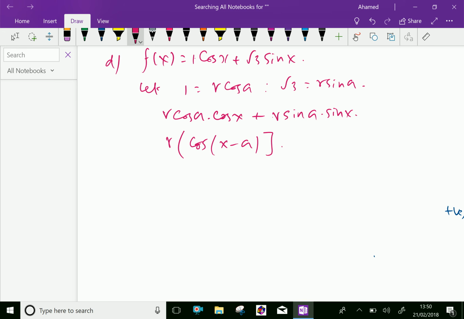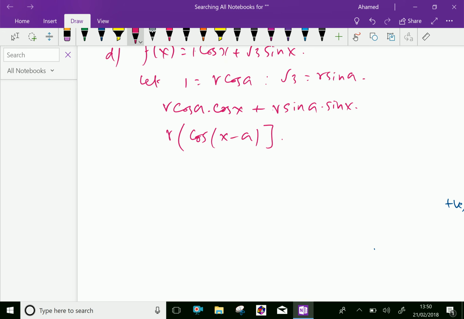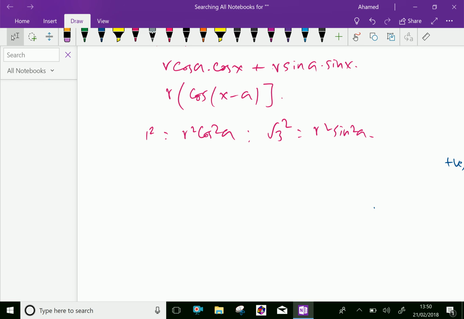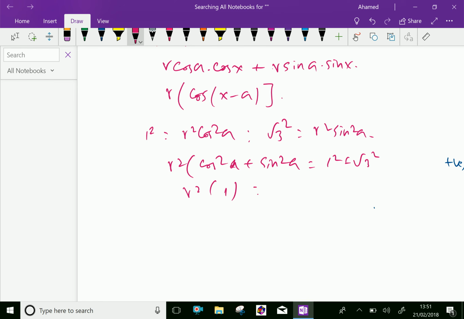Now here, 1 squared equals r squared cos squared a, and root 3 squared equals r squared sin squared a. Adding both sides, we get r squared times (cos squared a plus sin squared a) equals 1 squared plus root 3 squared. Since cos squared a plus sin squared a is 1, 1 squared is 1 and root 3 squared is 3, that is 4. Therefore r equals 2.